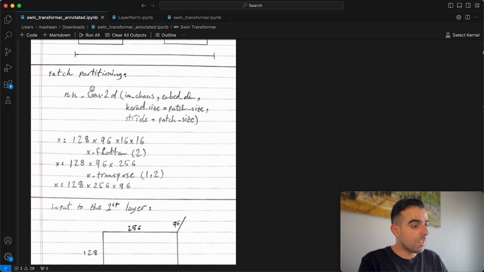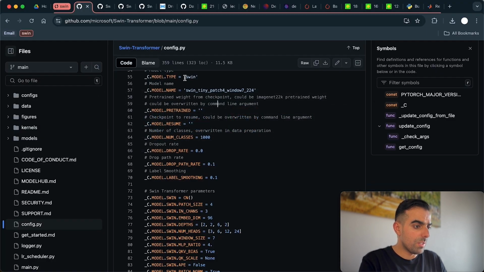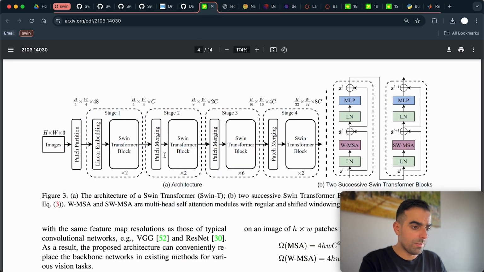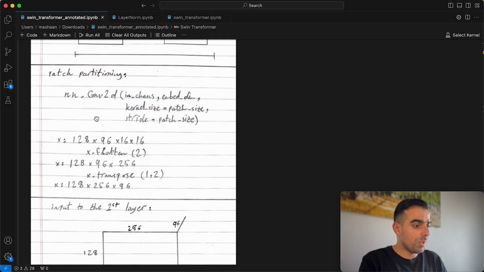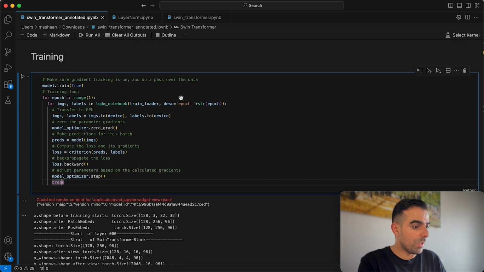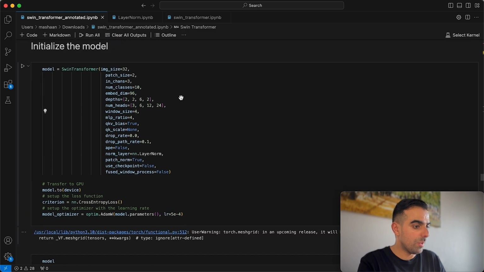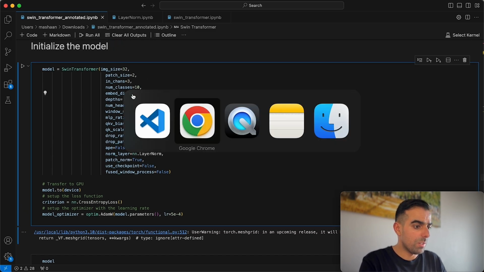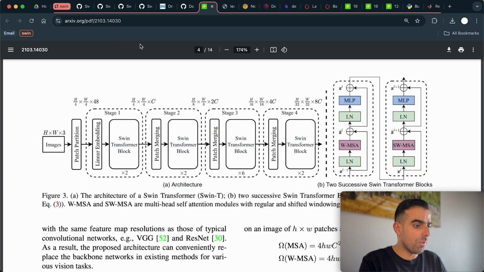The first thing that the Swin Transformer does, you can see it here in the paper, is the patch partition. The patch partition is done using a conv2d layer. The in channels is 3, and the embedding dimension is what I set here to 96, which is the default. I think it's the default option.